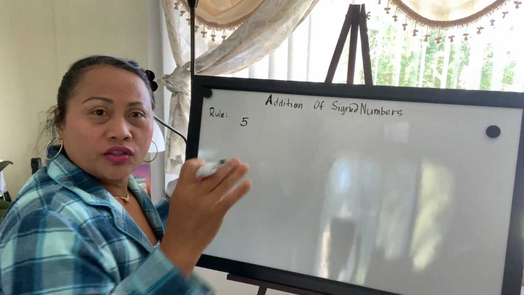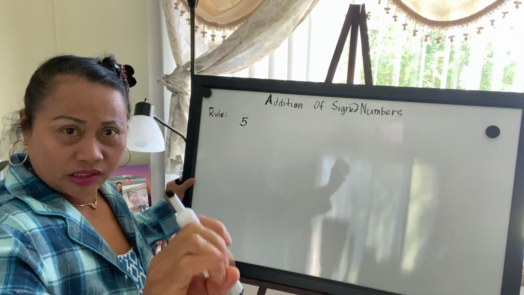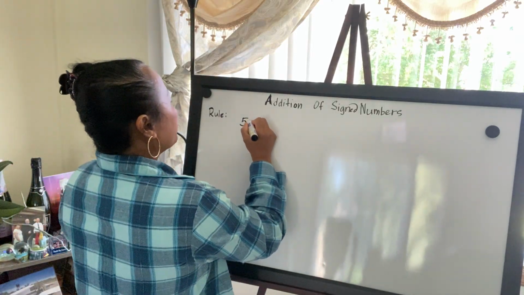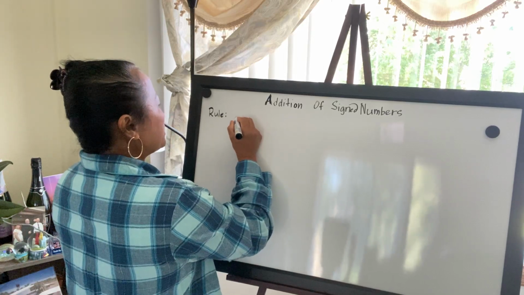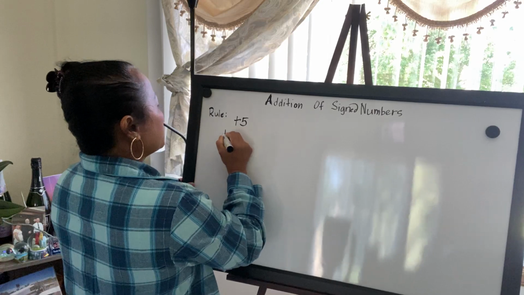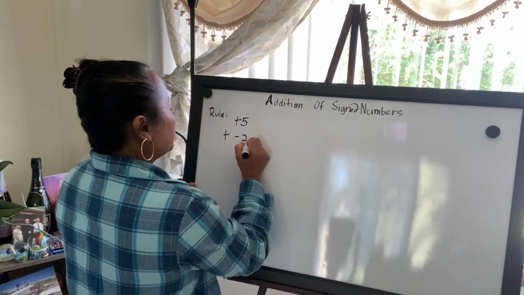Take note that with signed numbers, we have the positive sign and the negative sign. So 5, for example, positive 5 plus negative 2.